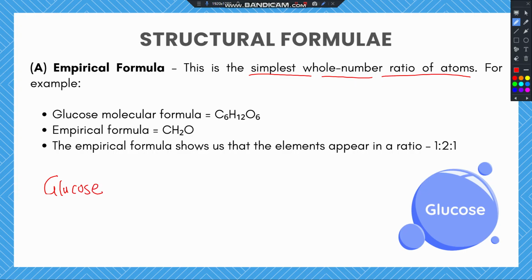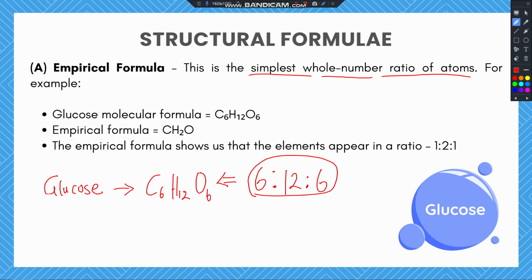Okay, glucose has a molecular formula C₆H₁₂O₆. Now, if I were to ask you, what is the ratio in which all these elements appear? You can see carbon has 6 atoms, 6 ratio. Hydrogen has 12 atoms ratio, and then oxygen has 6 atoms as well. Now we have 6 ratio 12 ratio 6.